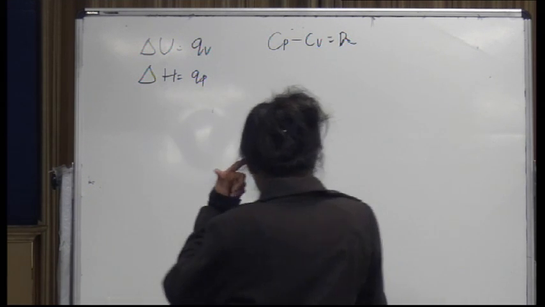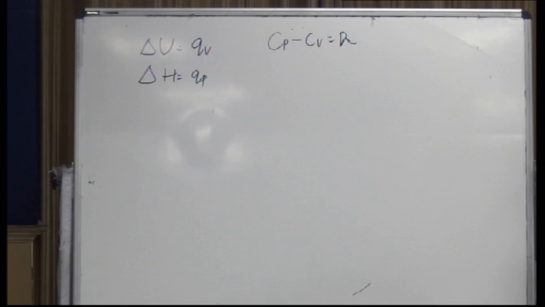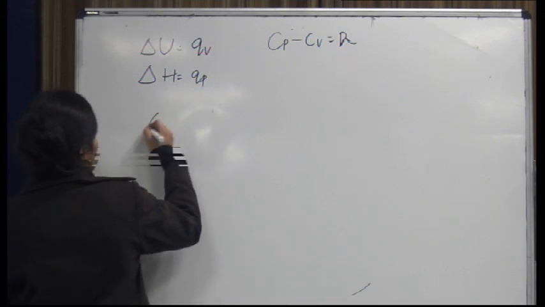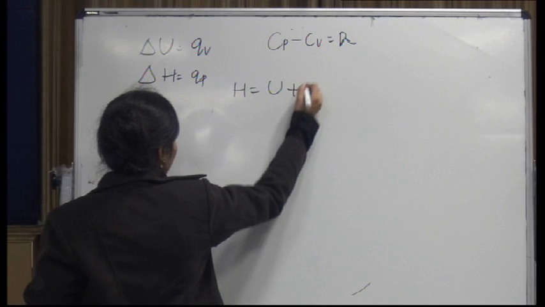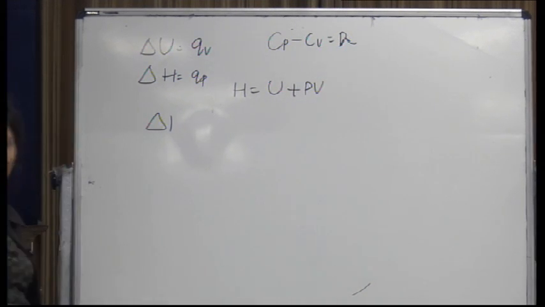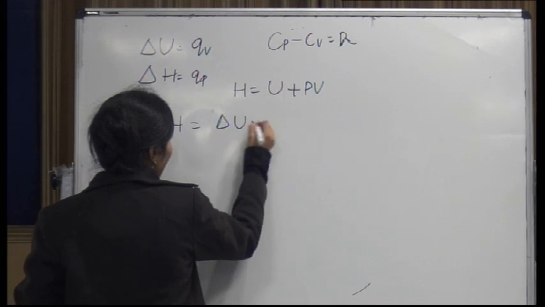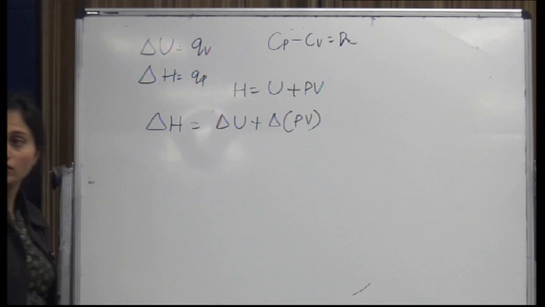And what I wanted to tell you here was the relationship that can be actually put up. So here you know that H is equal to U plus PV. So your delta H will be equal to delta U plus delta of PV, right?